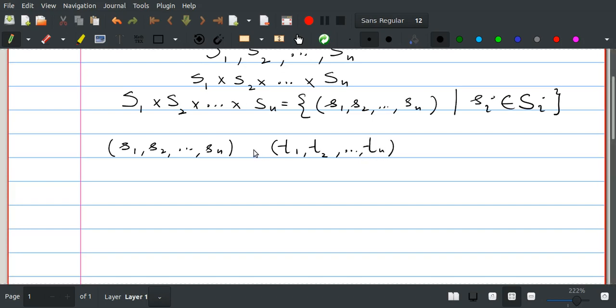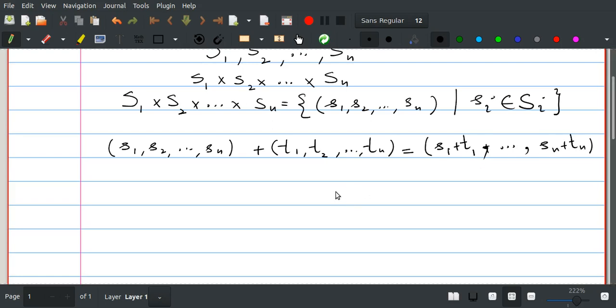Now we define their sum to be the component-wise sum, that is, the first component is added with the first component, S1 plus T1, S2 plus T2, and so on, Sn plus Tn.